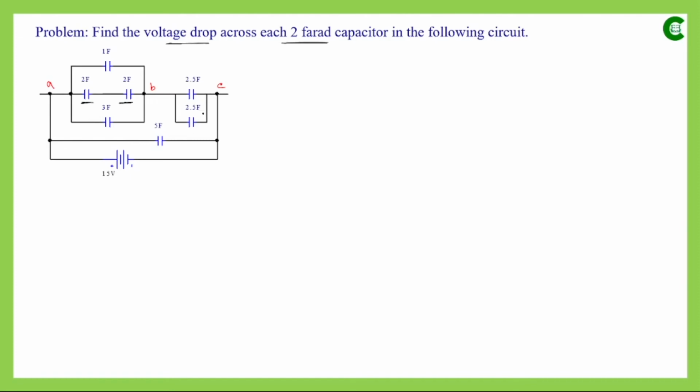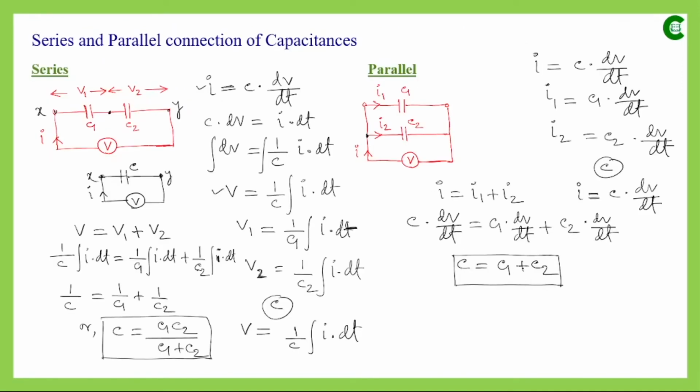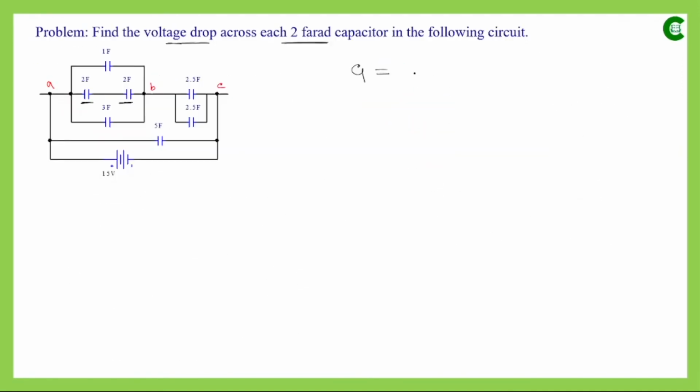So if we evaluate this part of the circuit, then we can see here these two capacitors are connected in parallel. So if we assume that the equivalent capacitance value is C1 for this parallel connection, then for parallel connection it is simply the summation of their individual values. So it will be 2.5 plus 2.5. Unit of capacitance is farad.